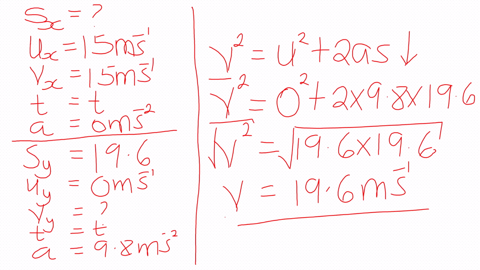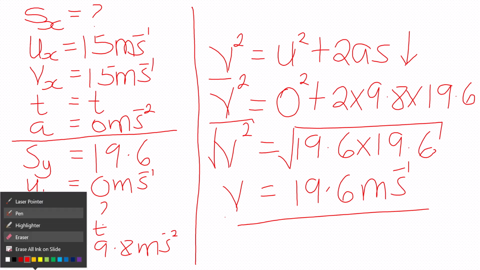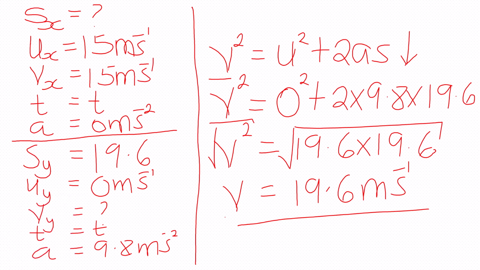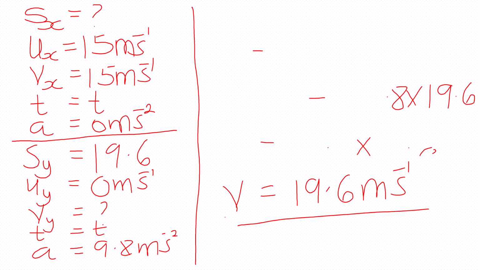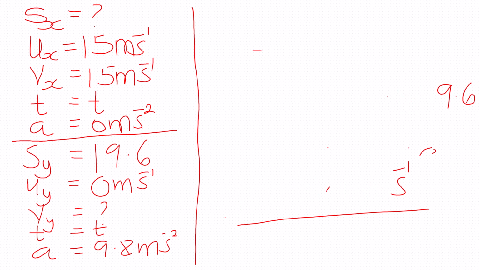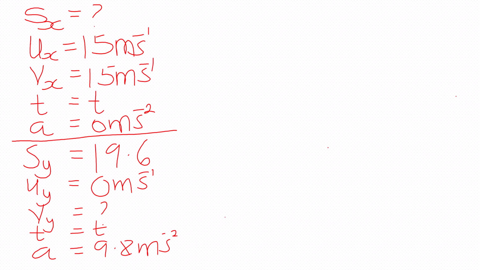Let me erase this part so that we can use it to calculate. We know our velocity is 19.6, and we can now use it. Let's keep it in mind and write it here.